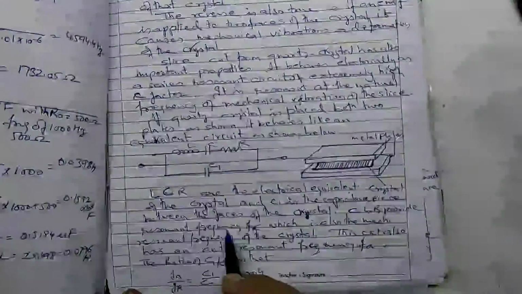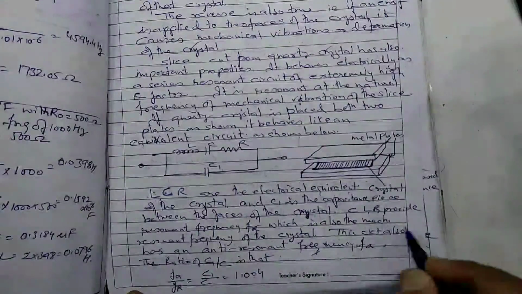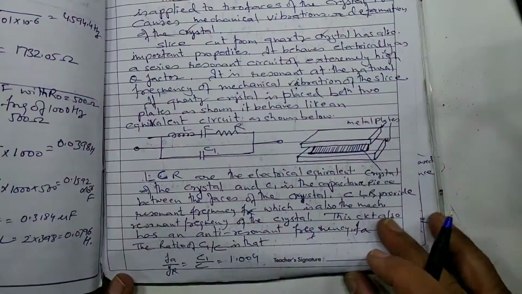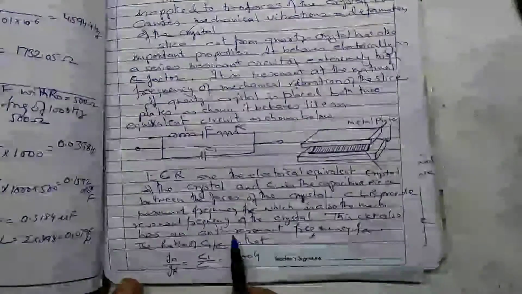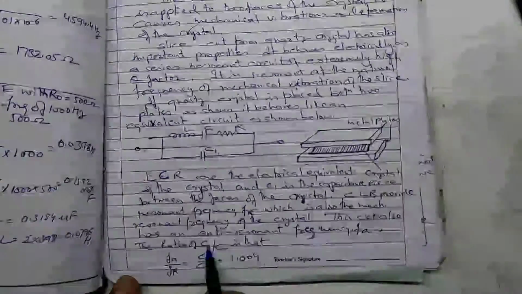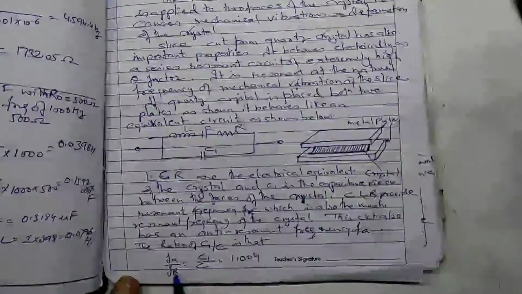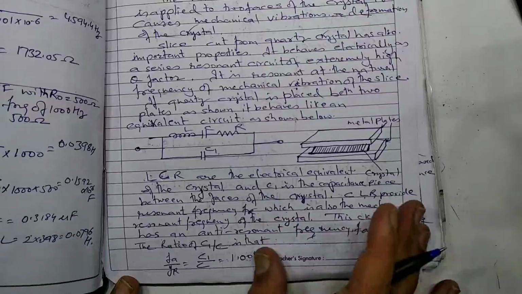C, L, R provide the resonant frequency FR, which is also the mechanical resonant frequency of the crystal. This circuit also has an anti-resonant frequency FA. The ratio FA upon FR is equal to 1.004.